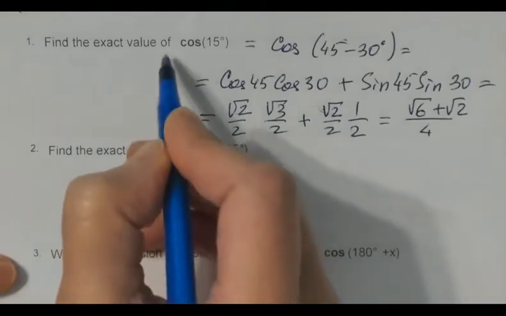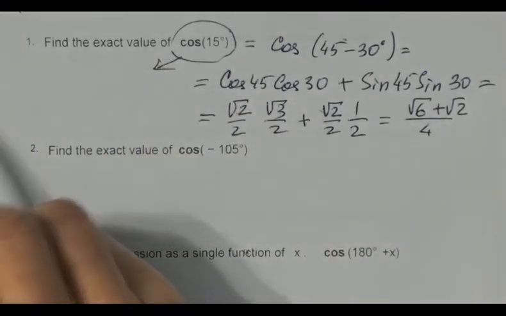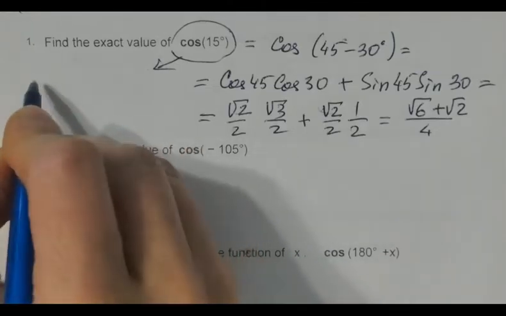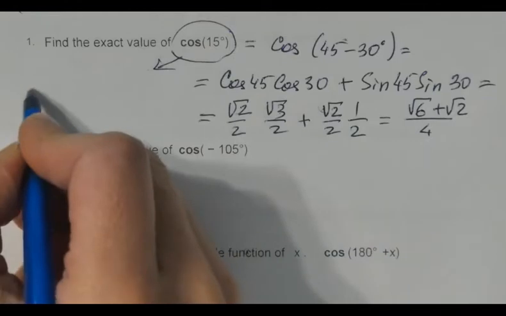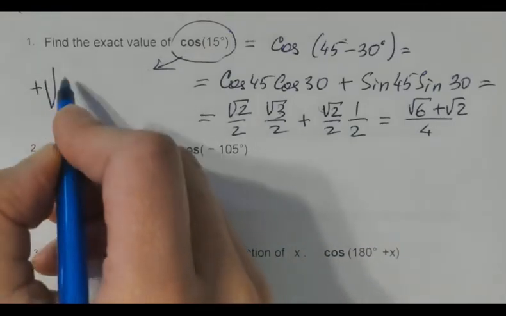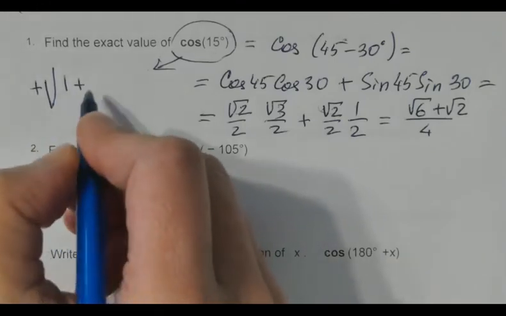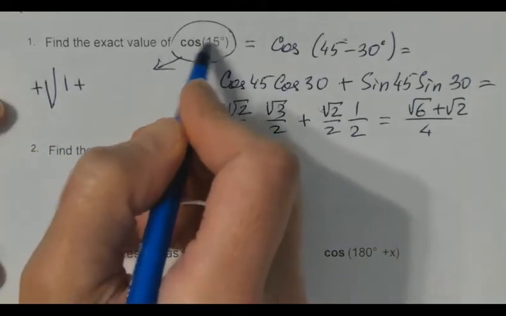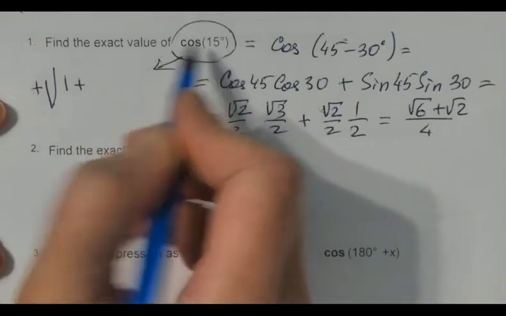So we could use the half angle identity for the same problem. Then, it is the first quadrant, so we take the positive square root of, in the identity for cosine, 1 plus cosine of the double angle, over 2. So if alpha is 15, then 2 alpha will be 30.